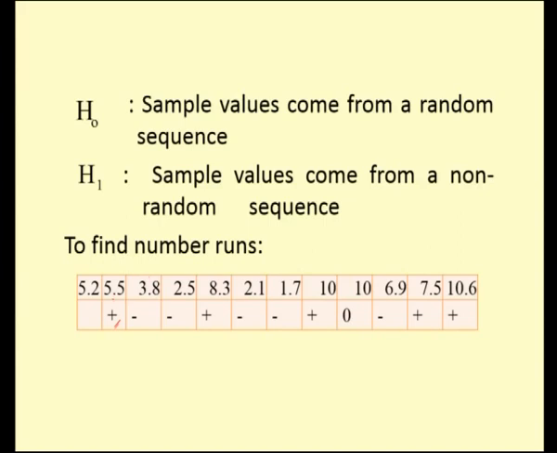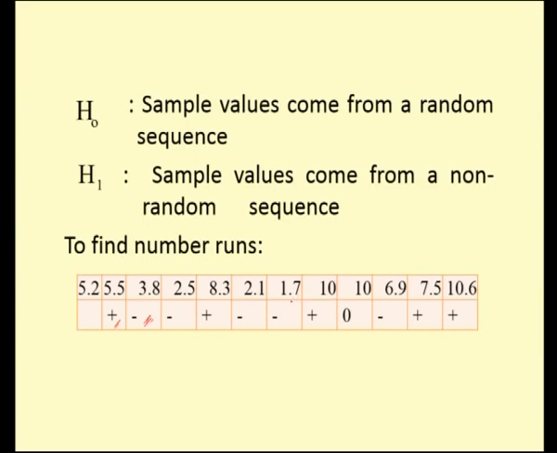Compare it with the previous value 5.5. You find that 3.8 is lesser compared to 5.5, hence denoted by a minus sign. Now take the fourth value 2.5. This is completely lesser compared to the previous value, so minus sign.